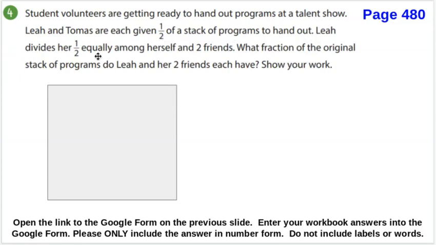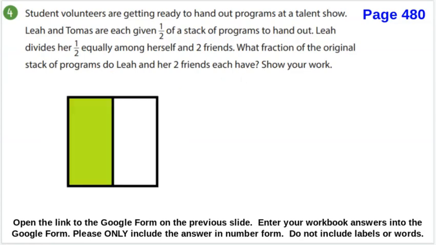Leah then takes her 1/2 that she's starting with and equally divides it among herself and 2 friends. You're being asked to find what fraction of the entire stack, the original stack, do Leah and her 2 friends have. So again, let's look at this model.